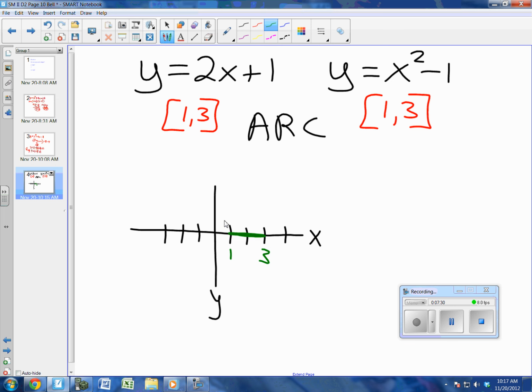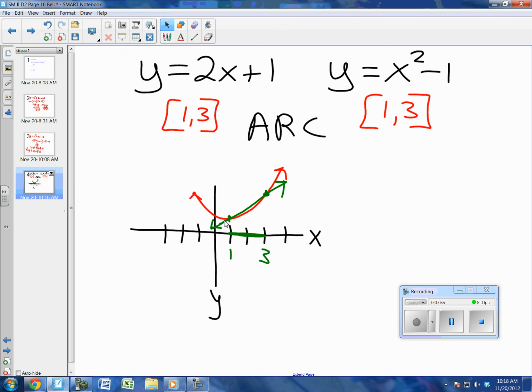So if I have a graph that looks like this, I just go straight up from 1, find the y value there, straight up from 3, find the y value there, and my average rate of change is the slope of the line that goes through those 2 points.